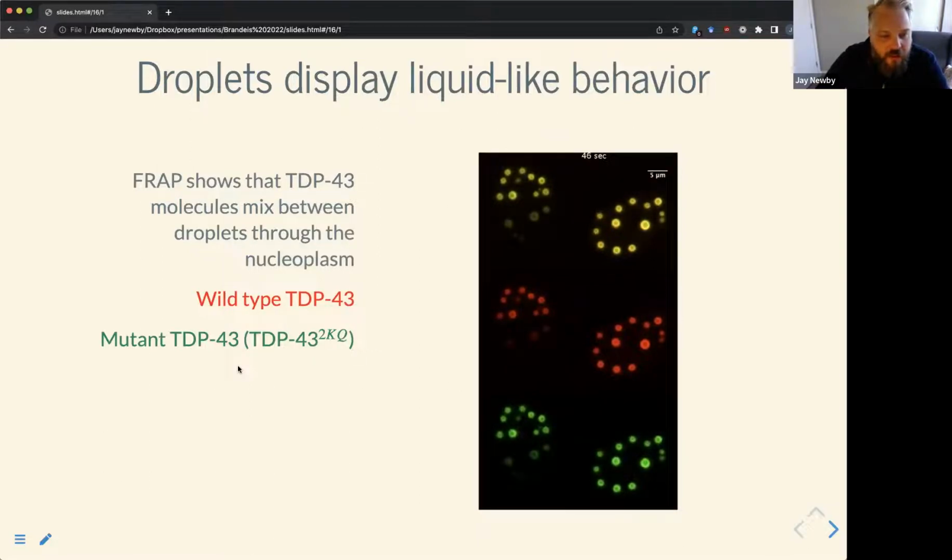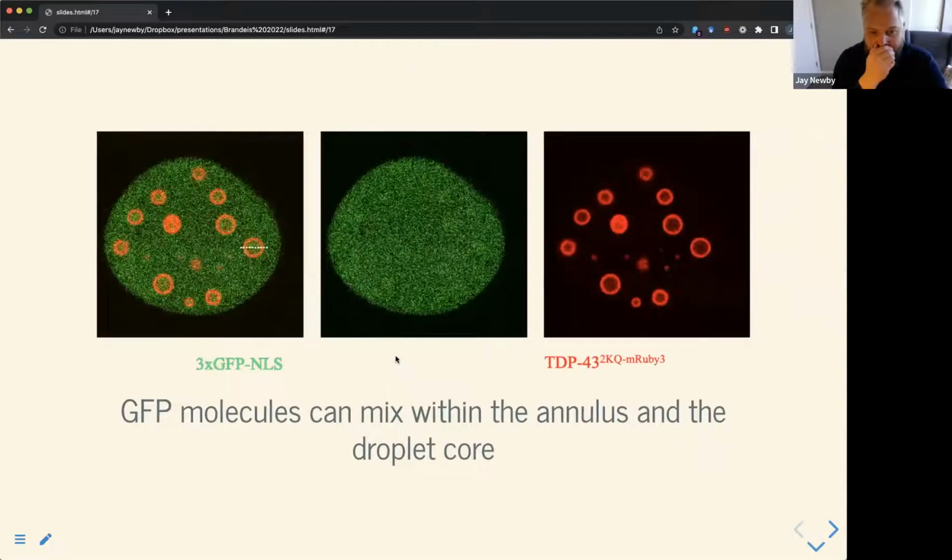All right. Why am I showing this again? Yeah, so TDP43 mixes between these condensates. So we already made that point. Okay. So they're looking around at different proteins that they can label, and just looking at how they're organized in the nucleus together with these TDP43 droplets.